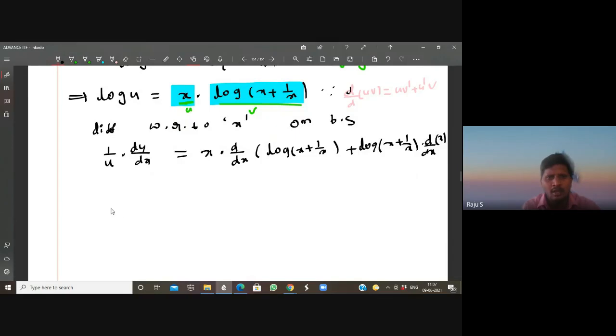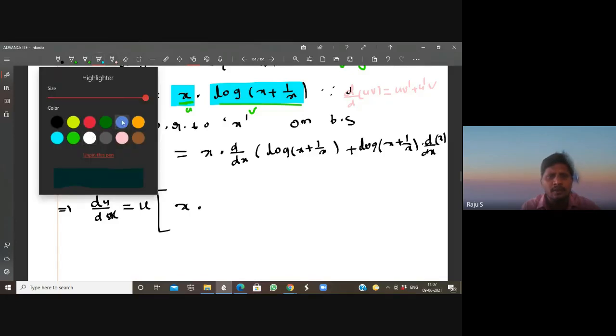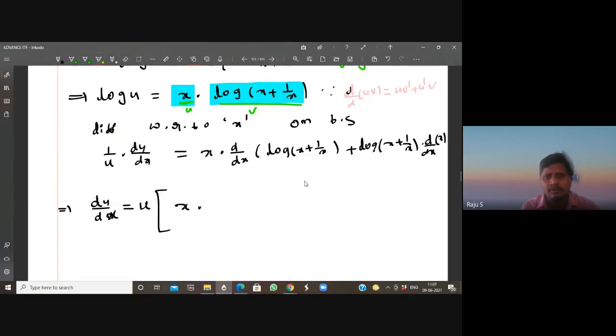Now you have to cross multiply this u. This is equal to u times the bracket x into, can anyone tell what is the derivative of this log of (x plus 1 by x)? We can apply the chain rule. Chain rule means first the logarithmic differentiation, then after that, the inside of the bracket.